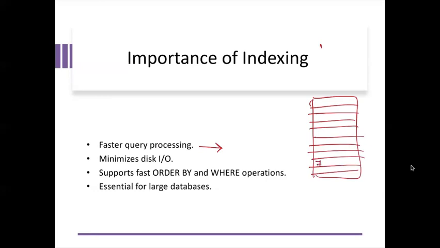So to get to 7, you have to bring all the blocks which come before it. You have to read them into memory and then search through them. Then again, bring the next block, search through it, and so on. However, now with the index, you know where the record with roll number 7 is stored, and you can fetch only that particular block.